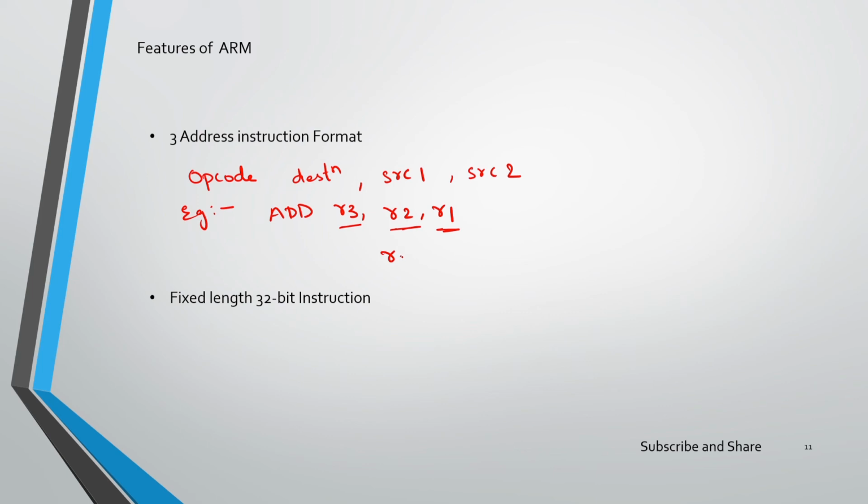So my source 1 is R2, the contents of the R2 register plus the contents of the R1 register, and the result will be stored in the R3 register. And all are 32-bit registers, 0 to 31. Similarly I can take another example, multiplication, R4, R3, R2.